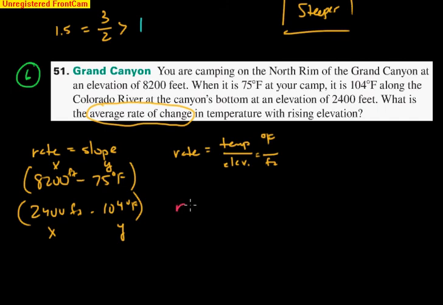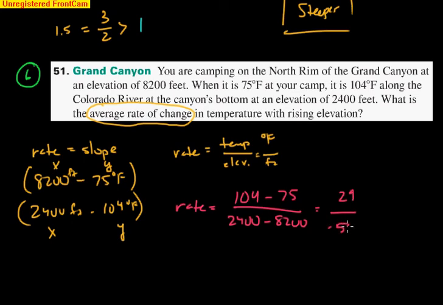So how are we going to fill in this slope formula, or this rate formula? So rate equals, let's take the y, 104 minus 75, over 2,400 minus 8,200. I'll get my trusty calculator out, and I'll do 104 minus 75, and I'll get 29 for the top. And the bottom, 2,400 minus 8,200, we'll get negative 5,800 on the bottom.